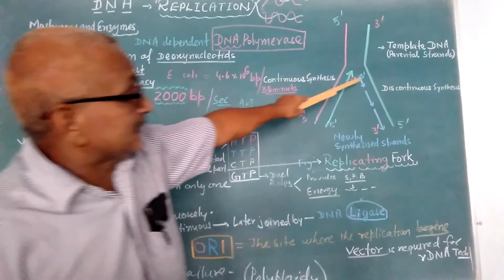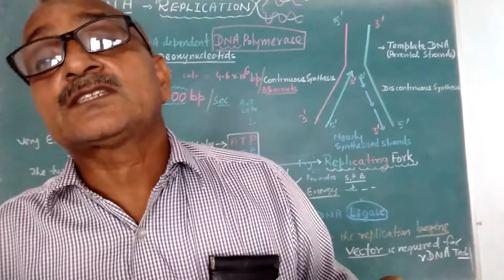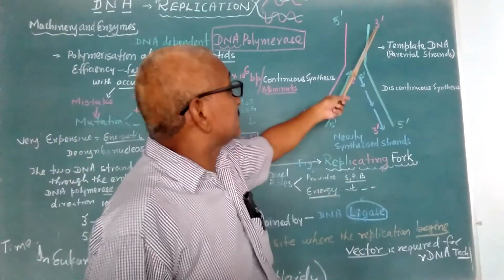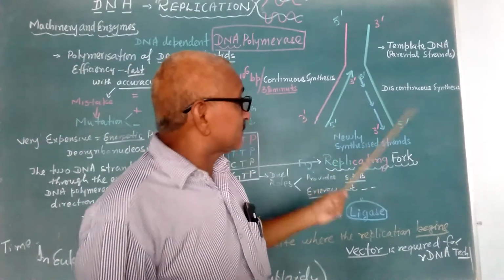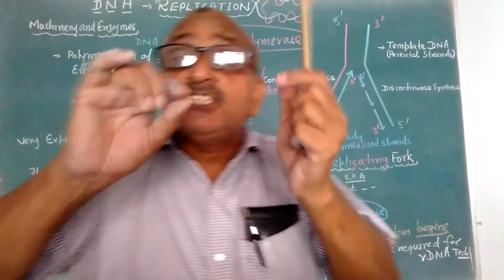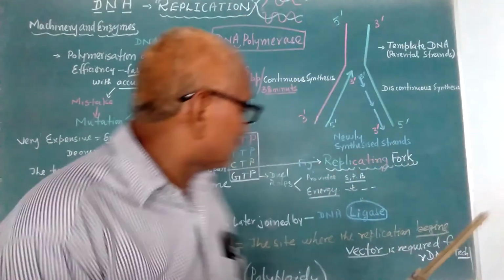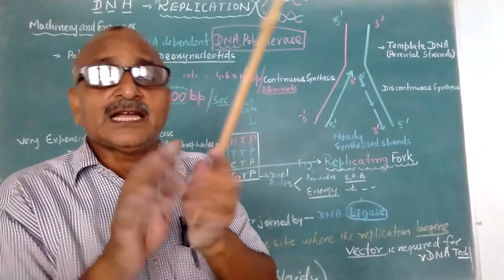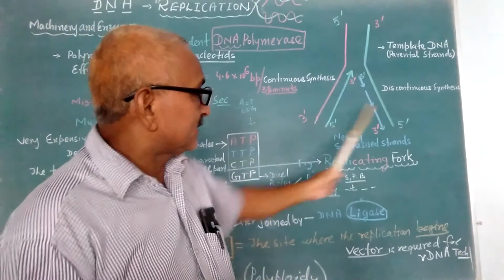Now, there is another problem in the continuous synthesis of DNA replication in the 3 to 5' direction. Replication occurs in the 5 to 3' direction only. So these discontinuous fragments are joined by another enzyme known as ligase. The DNA ligase enzyme joins them further and makes the complete two strands complementary to their parental strand.